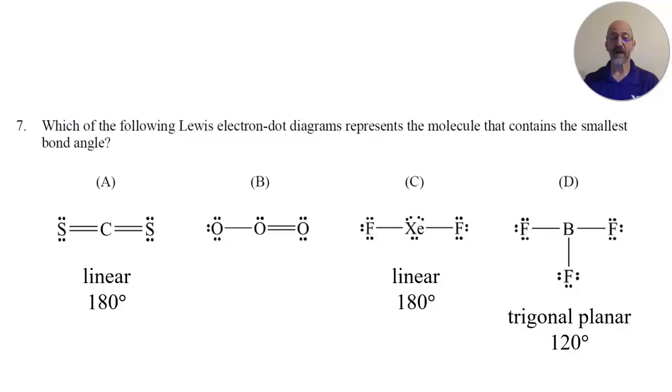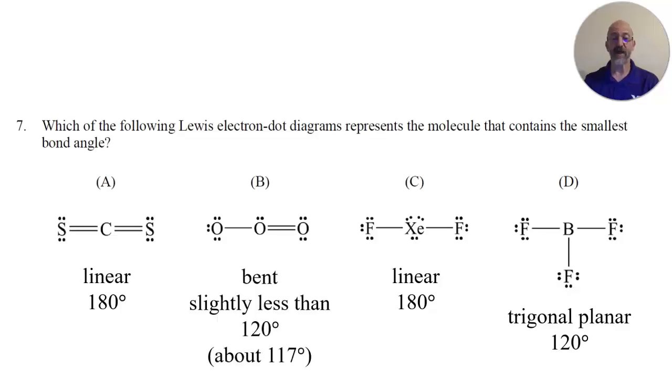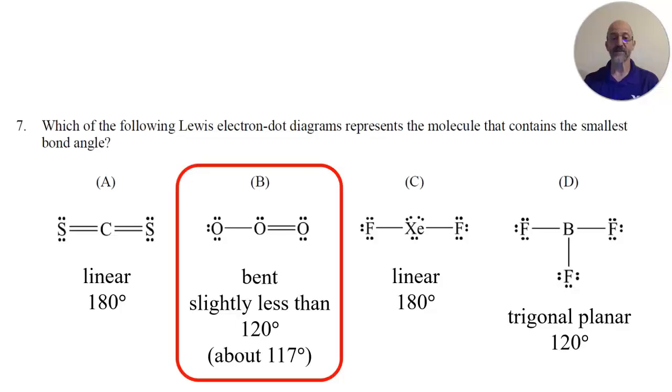And then because the non-bonding pair of electrons on the central atom in ozone, or O3, is going to exert more repulsive forces and decrease that bond angle, instead of 120 degrees, the bond angle would be slightly less than 120, about 117 degrees. And so that makes choice B the correct answer. It is the molecule that contains the smallest bond angle.